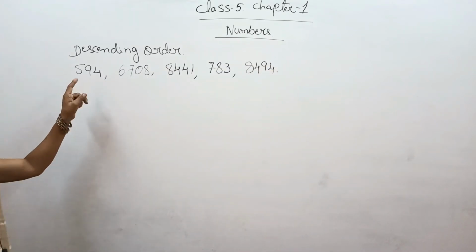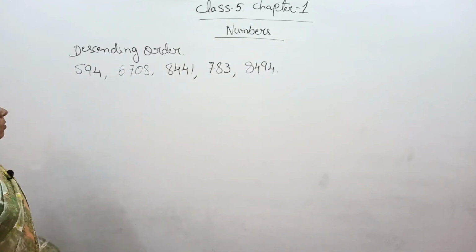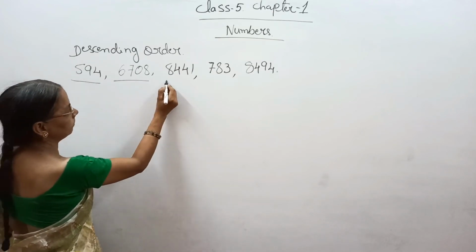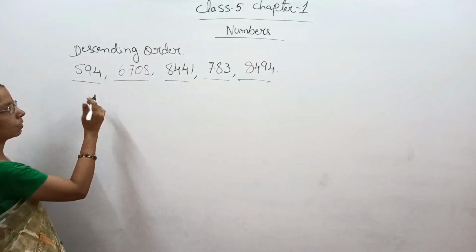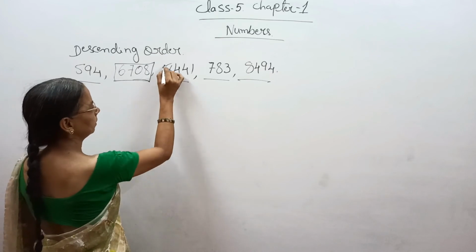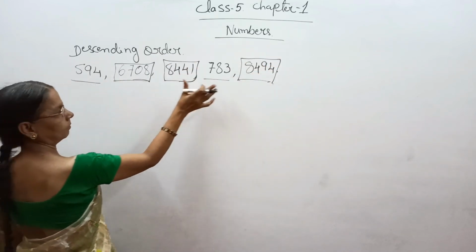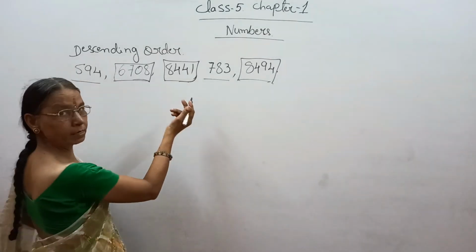Here we have 3-digit numbers also and 4-digit numbers also. Now we have to go for, first of all, the greater number. Which is the greater number? 3 digits are smaller. Now the greater numbers are 4 digits. In these 3 numbers, which is the bigger? 6 and 8, 6 is smaller.